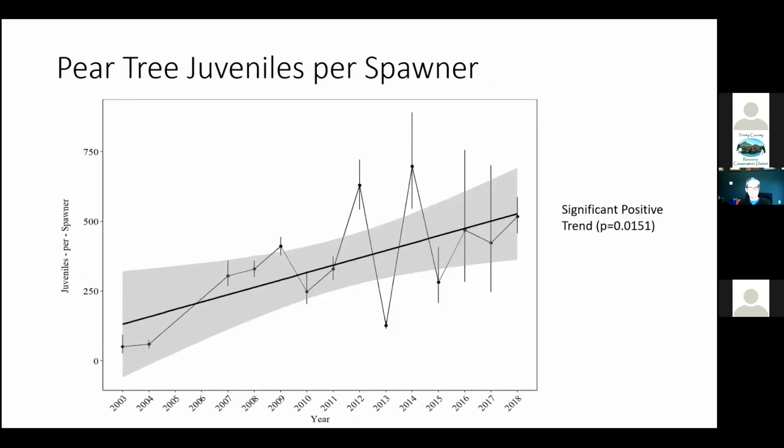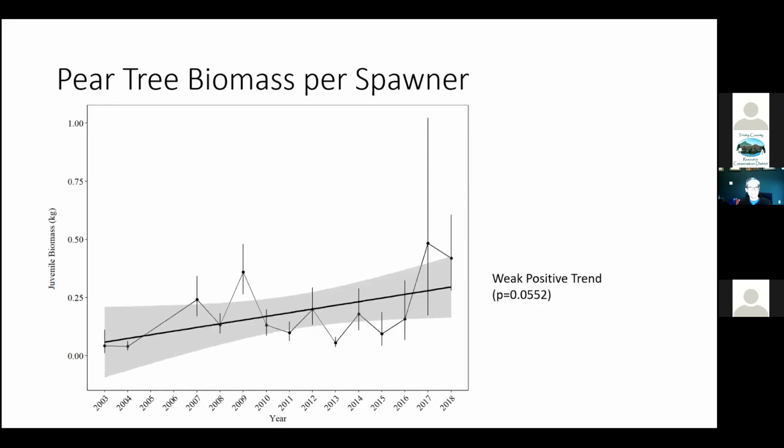Now, when we look at juveniles per spawner, so the abundance corrected for numbers of spawners, we do see a significant positive trend. What that's saying is that it's trending in the direction that we're getting more juveniles per spawner. It's not necessarily a good thing. I'll get to that when I talk about stock recruit. And then biomass per spawner, the stats tell us there's a weak positive trend here.